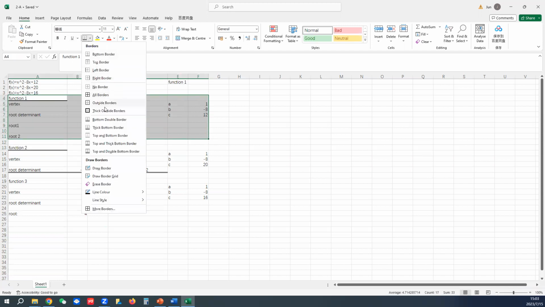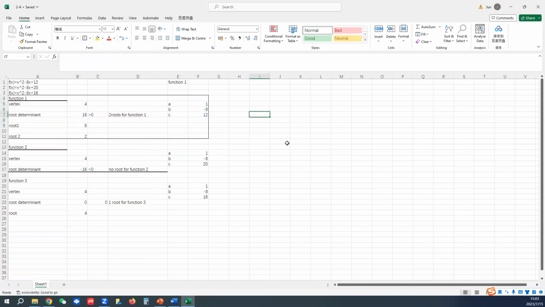That is, I would say, universally applicable to quadratic functions. Then for whatever quadratic functions that you have, what you need to do is just to change a, b, c as the function that's given to you.